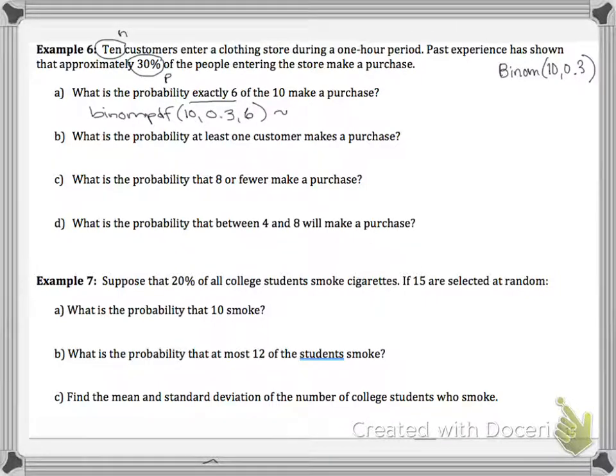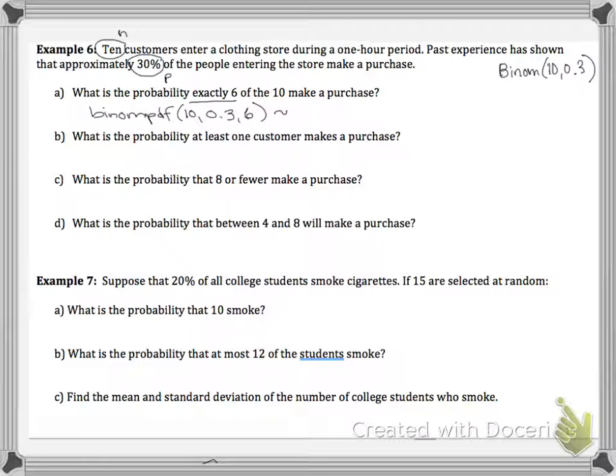And remember in the video for the notes, I said to hit second bars, and this is just a reminder of what we did in the previous problem, and then arrow up or arrow down, whichever one you like the best, going far enough to find the binomial PDF and CDF. If you have a newer calculator, they're going to give you prompts asking for the trials, what is n, what is p, and what is k, but they use the letter x.